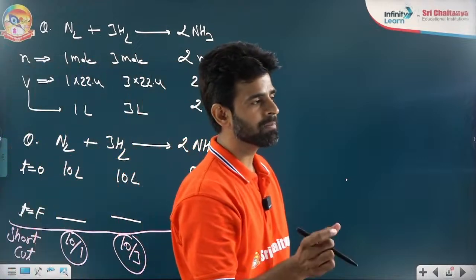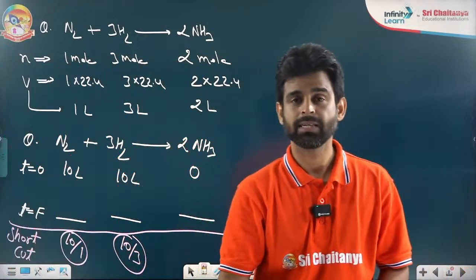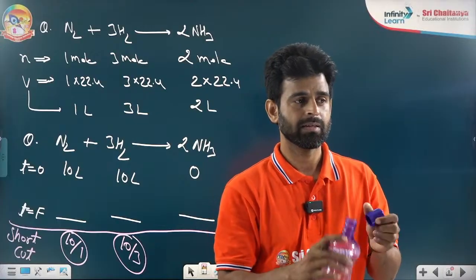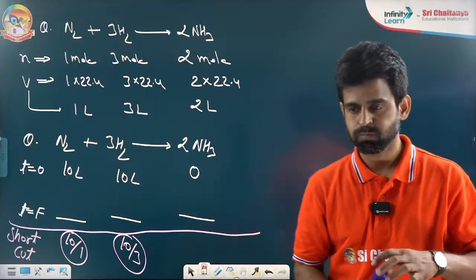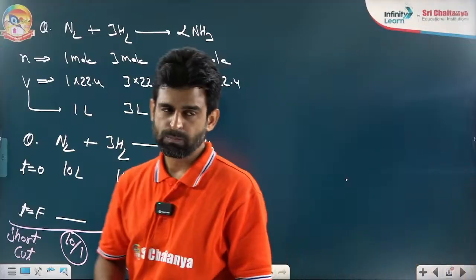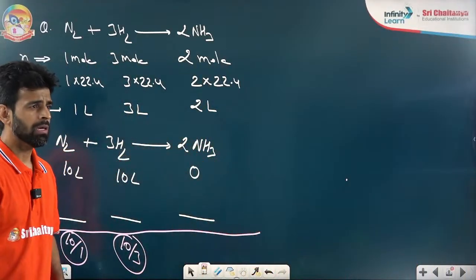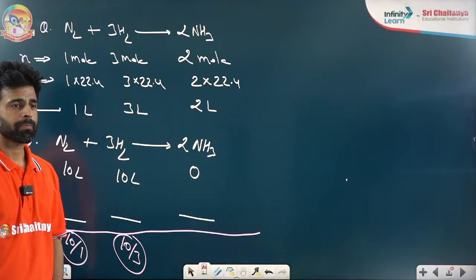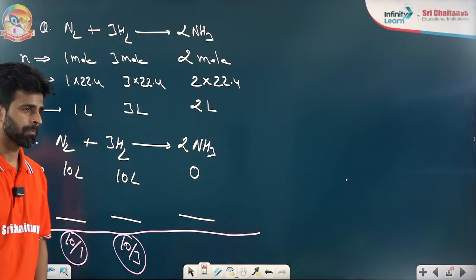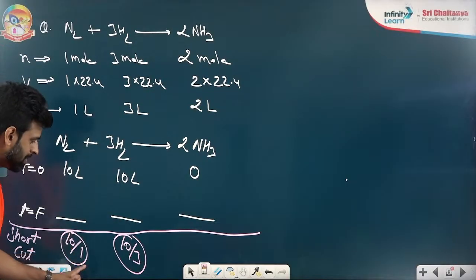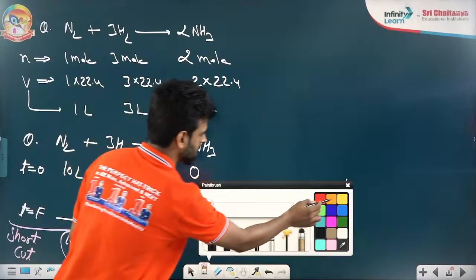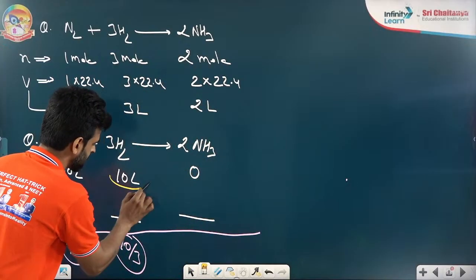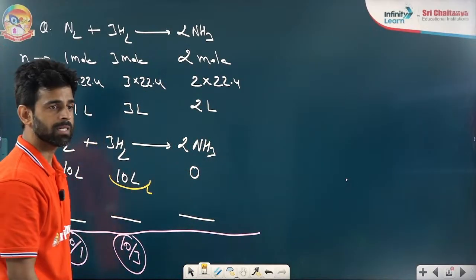So which one is the limiting reactant? Tell me fast. 10 by 1, 10 by 3. The smaller number is coming, that's why this is our limiting reactant. Clear?